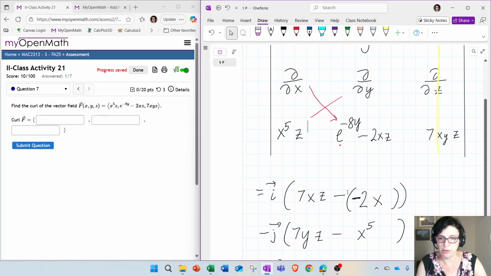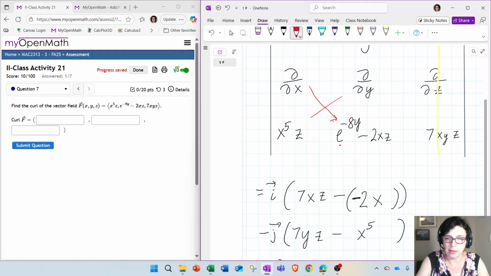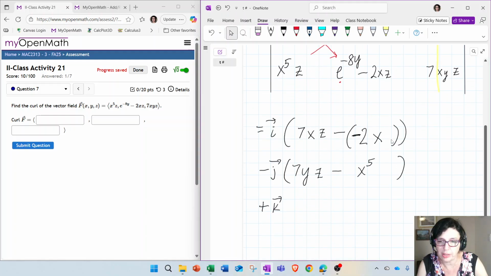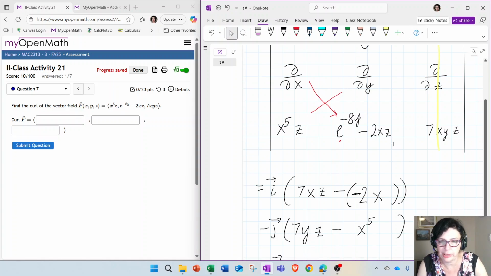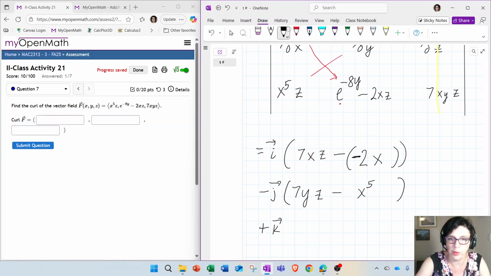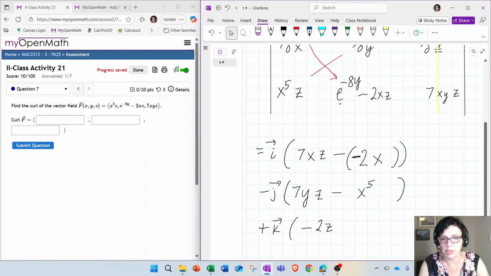So let's take the derivative with respect to x. Again, e to the negative 8y is added or subtracted and it doesn't have an x, so it's going to disappear and give you 0. The negative 2xz with respect to x, well, 2 and z are just numbers and they're constant multiples, so we keep them. So this is going to be minus 2z, with respect to x.